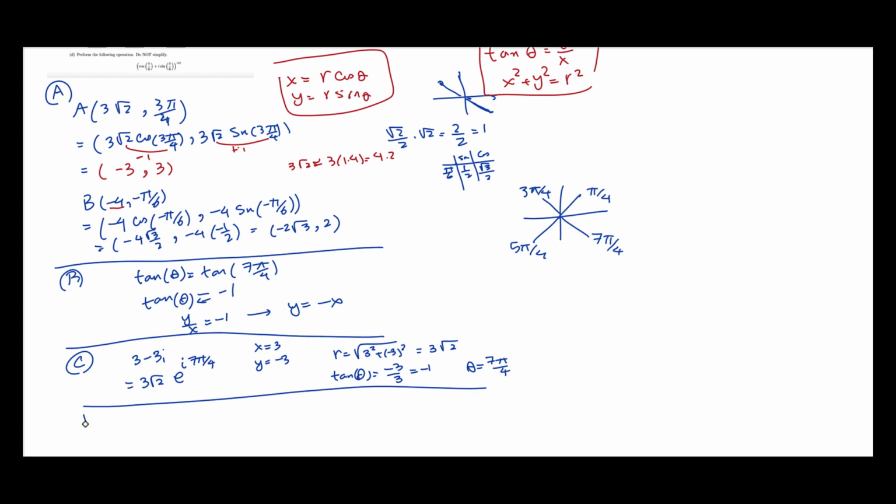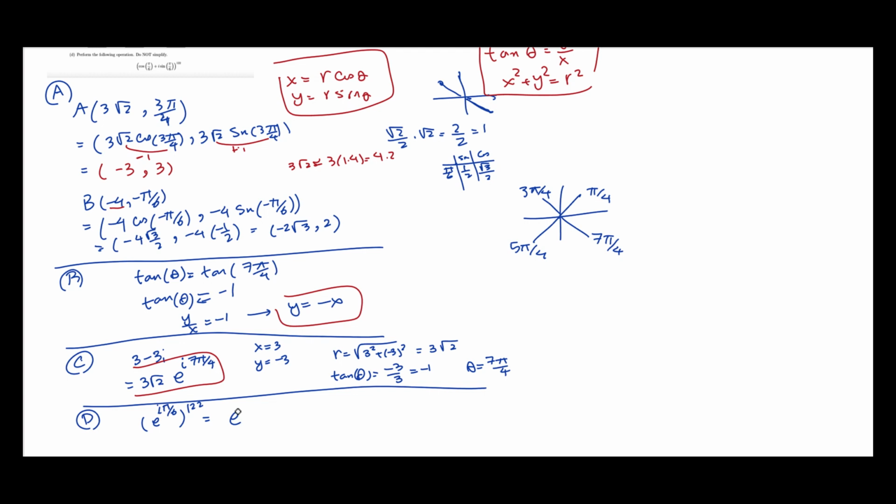The next part is asking us to compute e to the power i pi over 6, raised to the power 122. And that is done by the exponential power rule, and complex numbers are supposed to follow those rules as well.